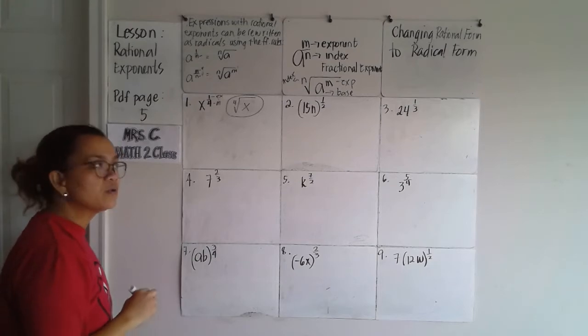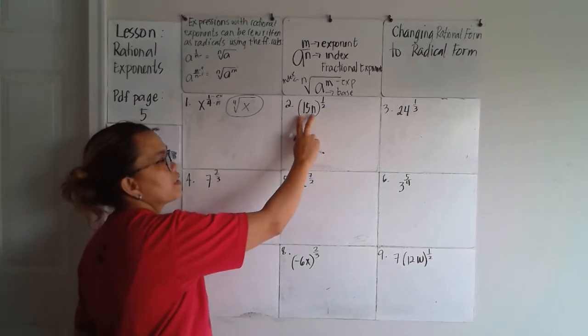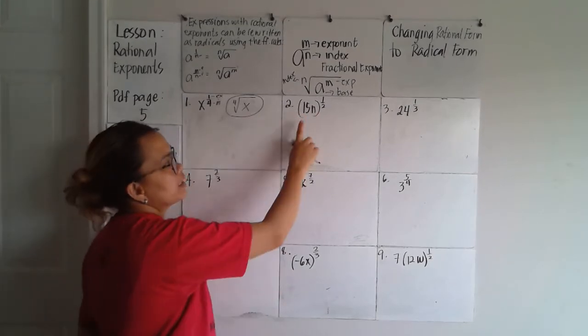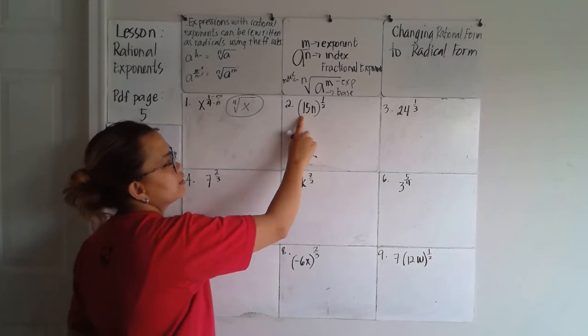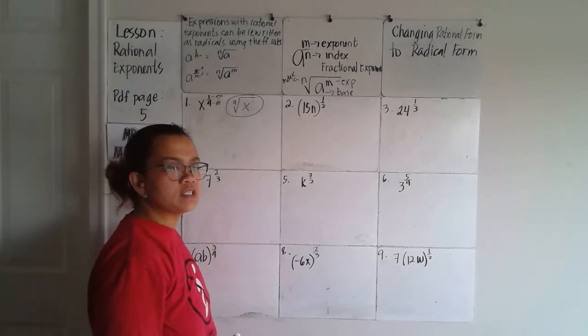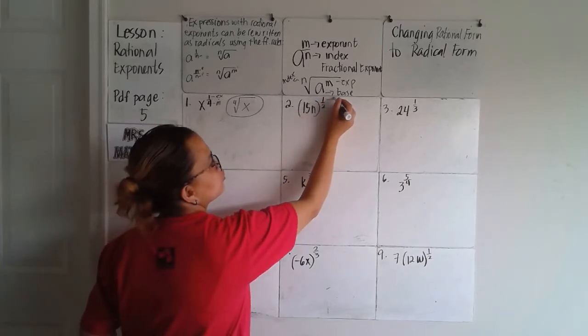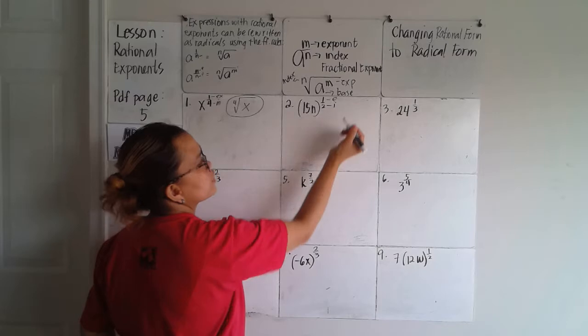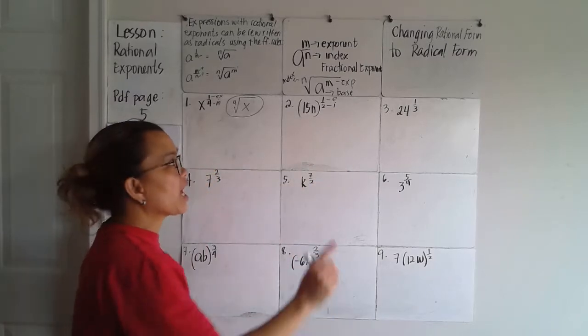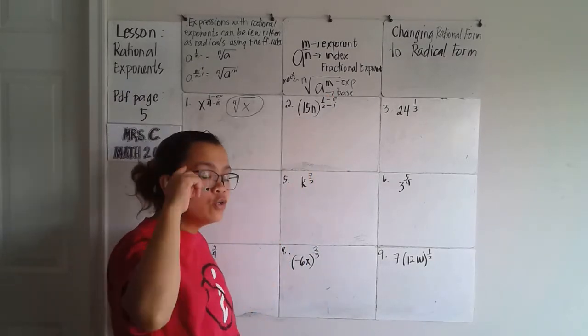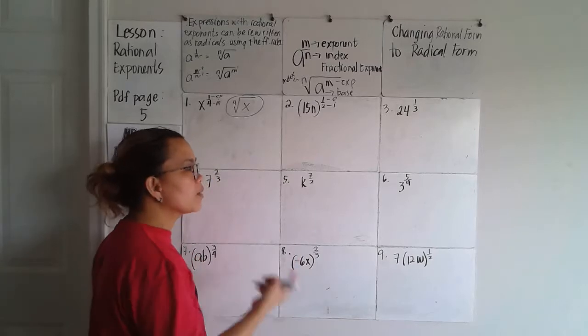Isn't it so simple? What about if you have two bases, one a numerical coefficient, and the other one a variable, and you need to raise that to 1/2. So 1 would be your exponent, 2 would be your index. I will not be tired of writing E and I for you to understand and to remember it.